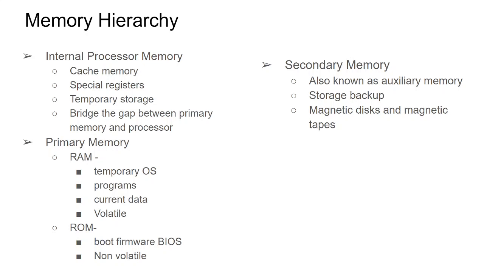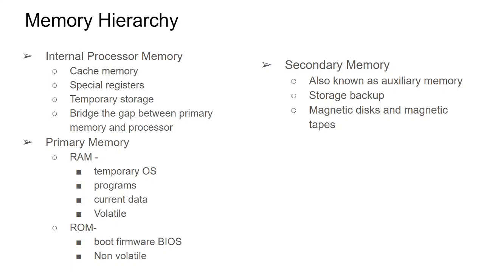The internal processor memory works at a very high speed, and even the primary memory cannot cope with its speed. So there has to be something that matches these two speeds, something working with the internal processor memory that is able to communicate with the primary memory. That is why we have this internal processor memory.